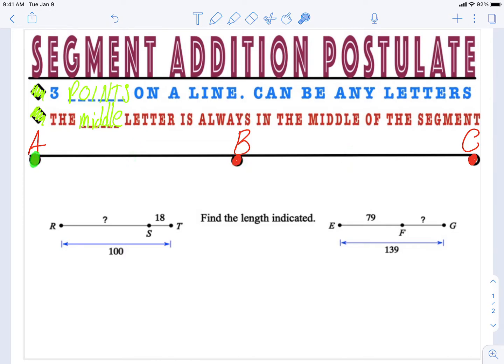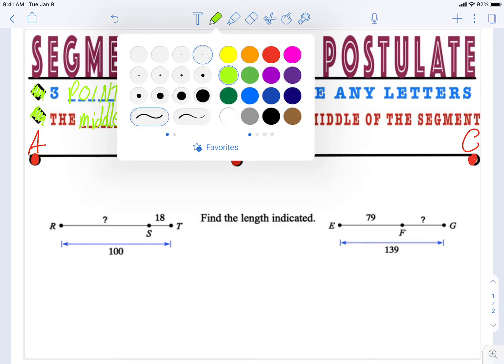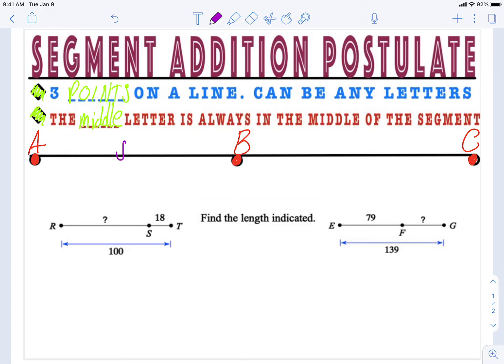The big segment is from A all the way to C. But the 2 shorter ones are A to B, which is a short one, and it also creates another short one from B to C.